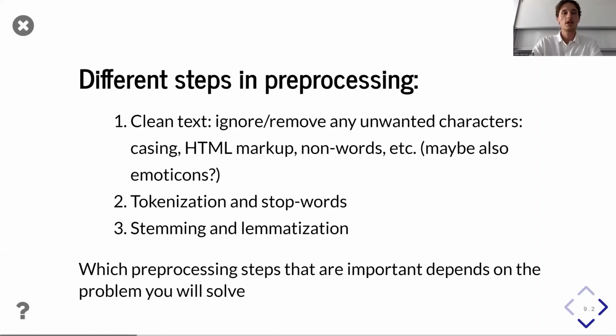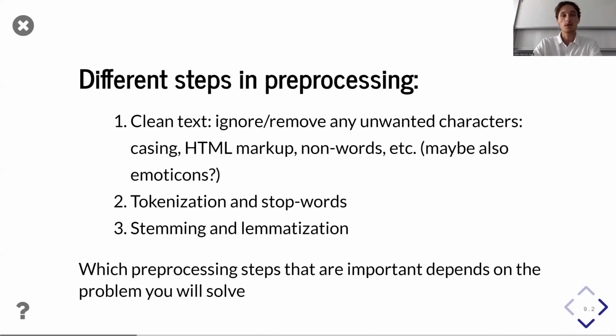So we have different steps in pre-processing. First, we can clean the text. For example, we can ignore or remove any unwanted characters. So we can ignore the casing of words, and we can remove the HTML markup and non-words, for example, special signs, and so on.